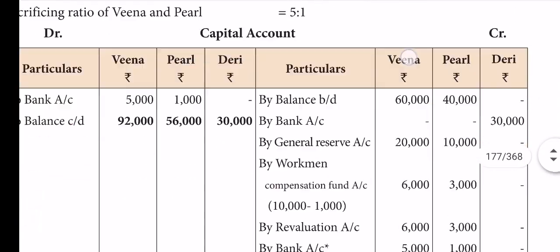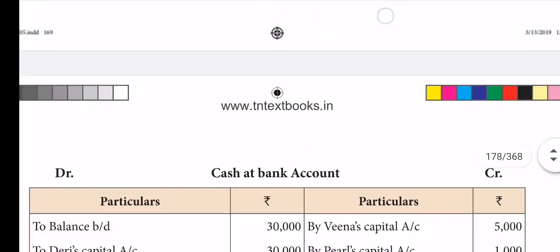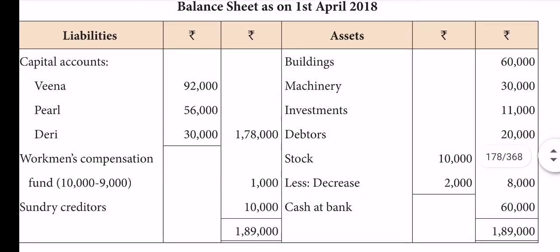Building and machinery at the old value. Then the new asset brought in as investment worth 11,000, debtors as it is. Then stock 10 less depreciation 2 is 8. And finally cash at bank 60, already posted. That's all.